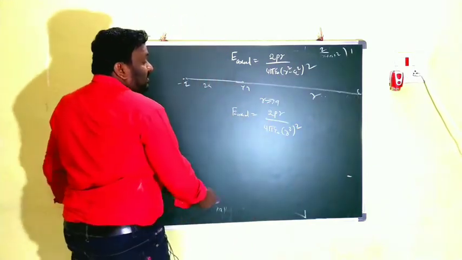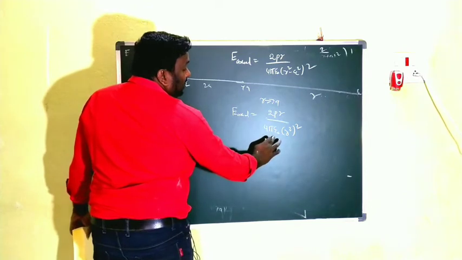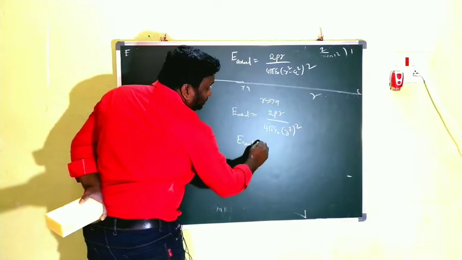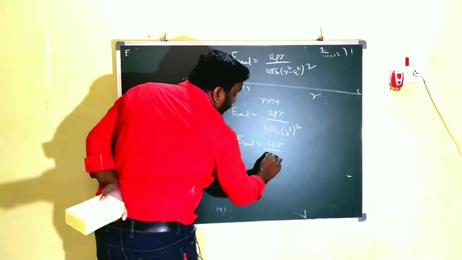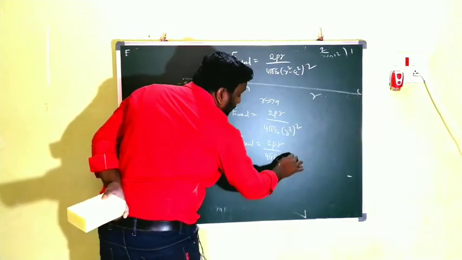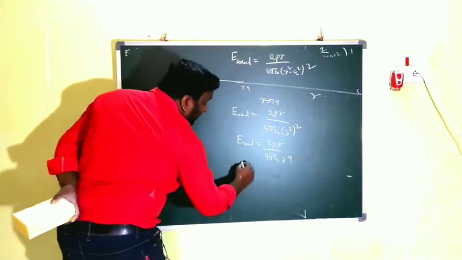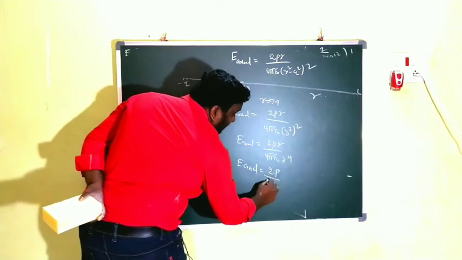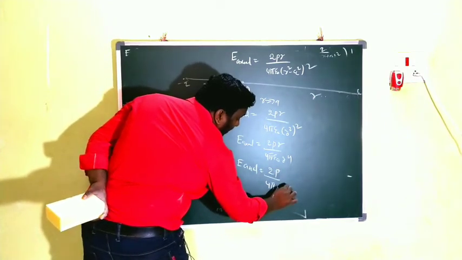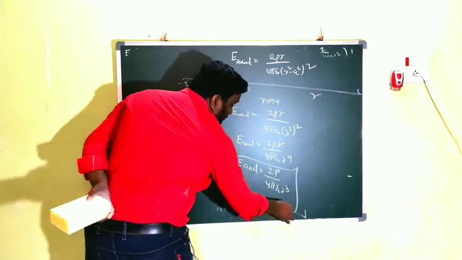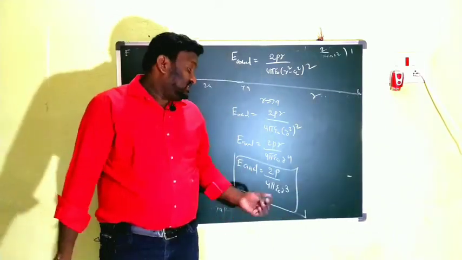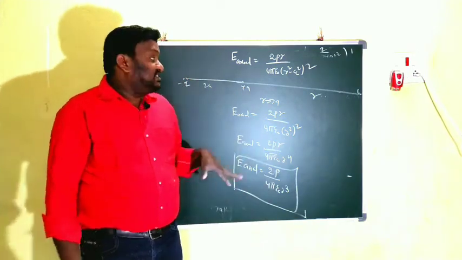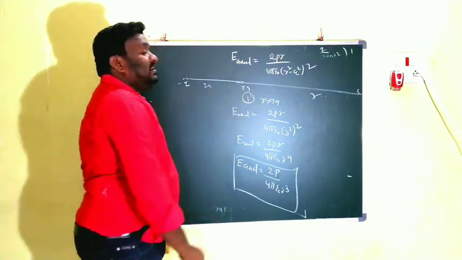Then E axial is equal to 2pr by 4 pi epsilon naught r to the power of 4. R one time cancels, then what do you get? E axial is equal to 2p by 4 pi epsilon naught r cube. This is the first condition, if r is very much greater than a.